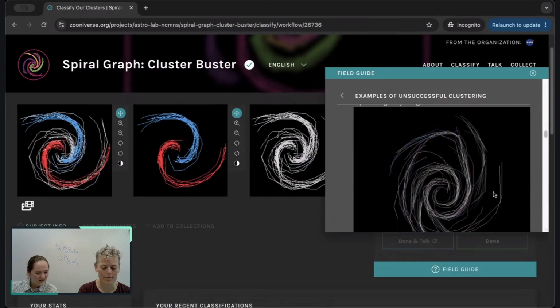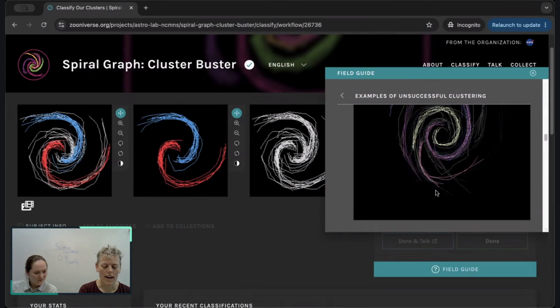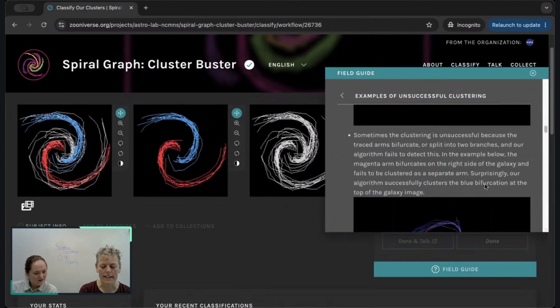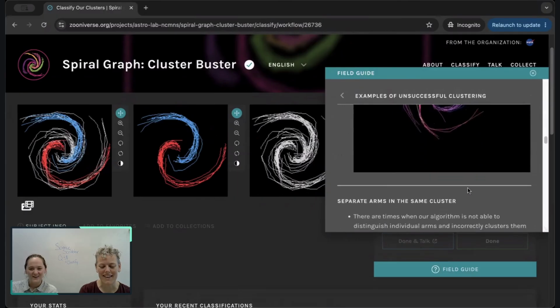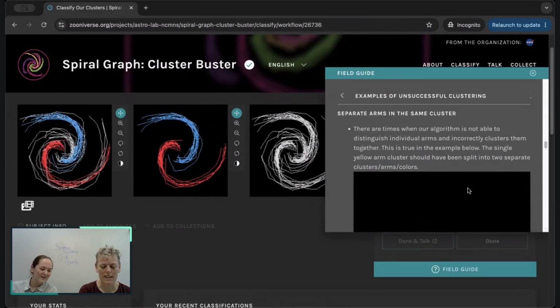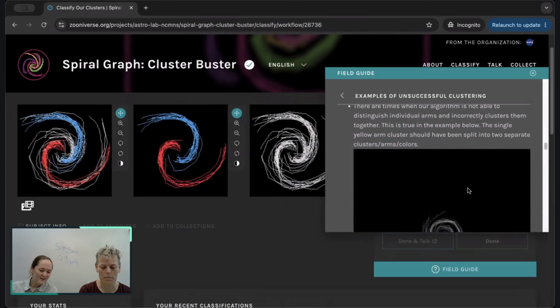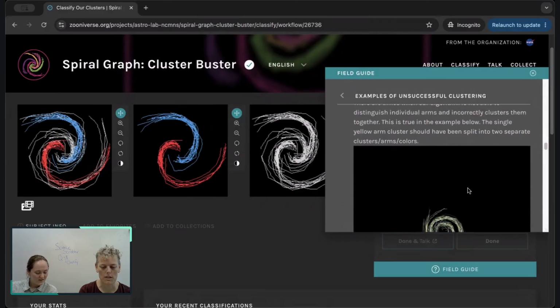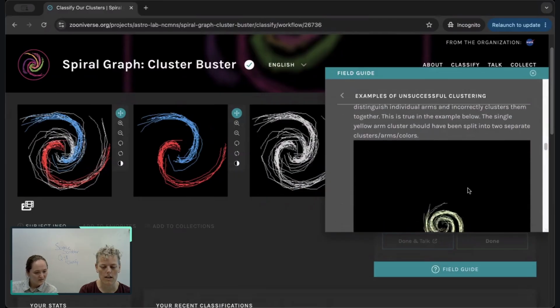I don't like that they're using quite technical language here, like bifurcation and things like that. I think that's not a common word. I'm only assuming what it is based on the context of the image we're reading. Separate arms in the same cluster. There are times when our algorithm is not able to distinguish individual arms and incorrectly clusters them together.